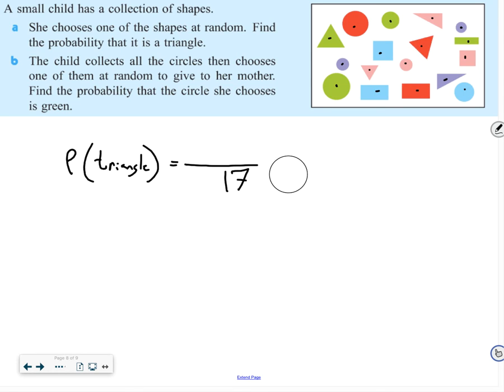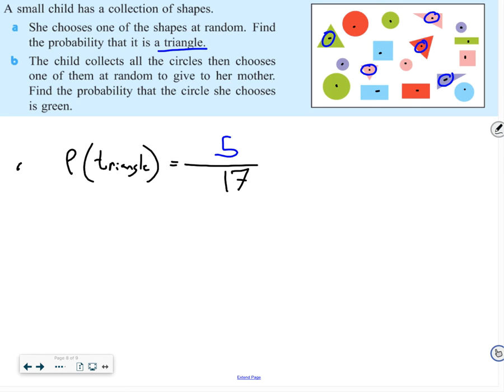Well, of those 17 objects, how many of them are favorable, meaning how many of those shapes are triangles? So I'm going to go through and count my triangles. Well, I have 1, 2, 3, 4, 5. I believe I got all my triangles there, so it's 5 out of 17 is the probability of selecting a triangle out of that group of shapes.